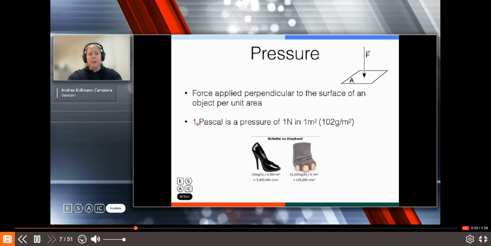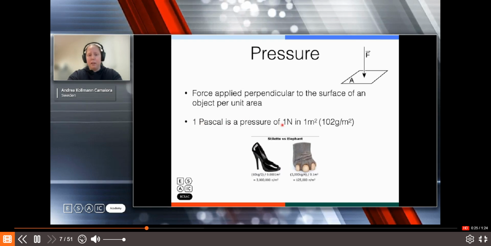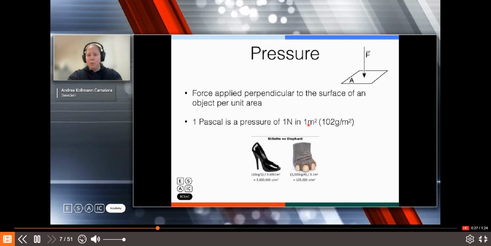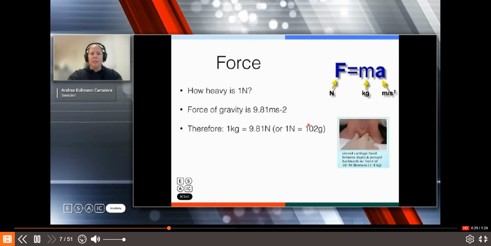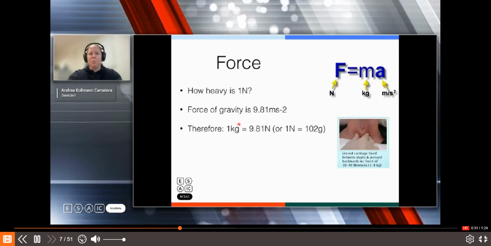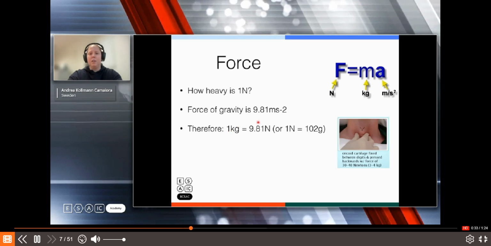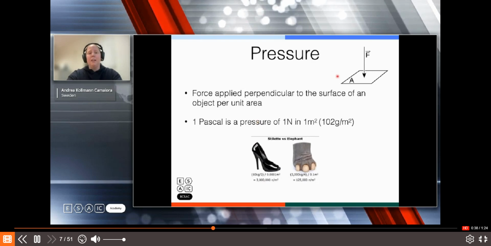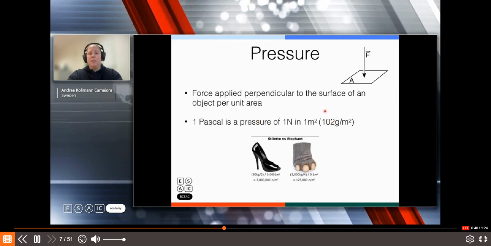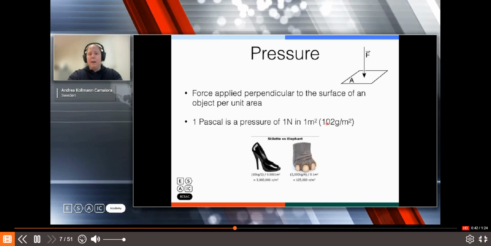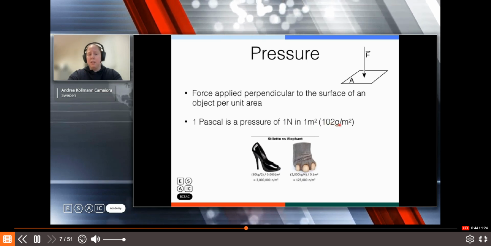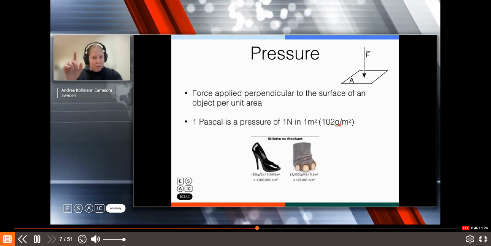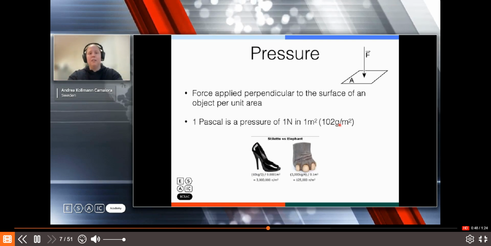So 1 Pascal is a pressure of 1 Newton in 1 square meter. And from the previous slide, we saw that 1 kilogram is 10 newtons. So this is about 100 grams of mass. So how much is 1 Pascal? It is 102 grams per square meter. Is this important? Yes, because you'll see in the next slide how it starts making sense.